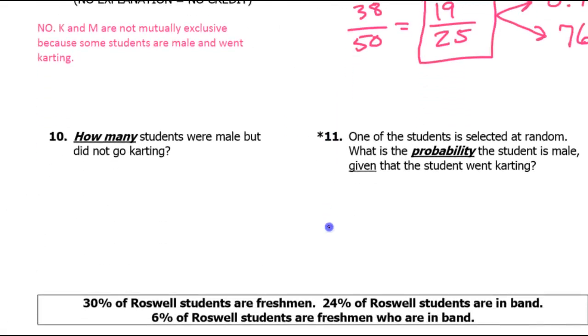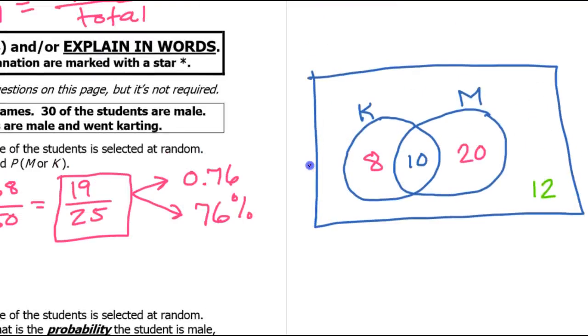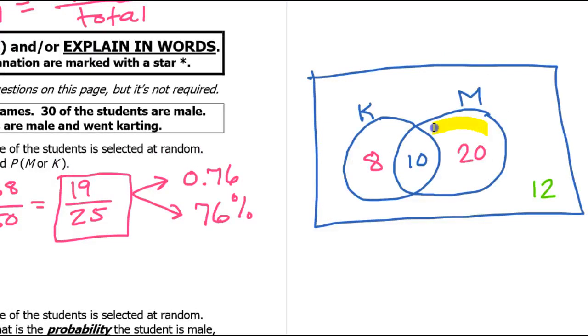Okay, moving on to number 10. How many students were male but did not go karting? Okay, so if I just said how many were male, it'd be all of these. That's 30 students that are male. But 10 of these went karting. So that's no good.